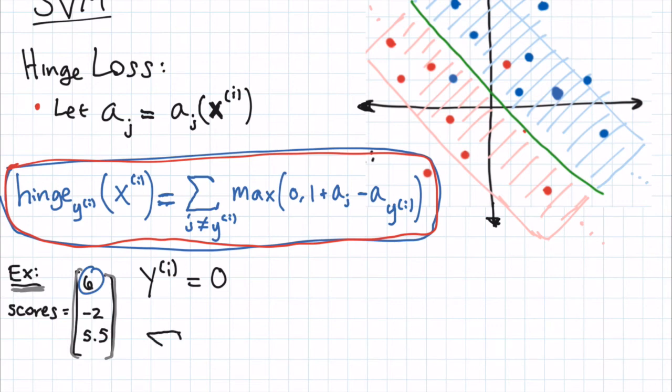So let's work this out. We're going to sum over the wrong class indices, right? When j is not equal to 0 in this case. And we're going to take max of 0, 1 plus a sub j minus a sub 0.